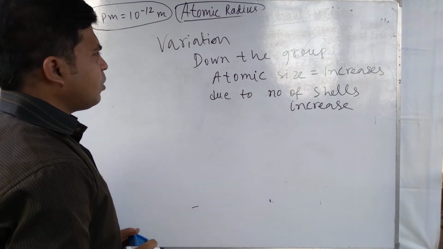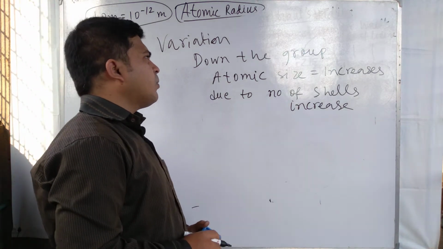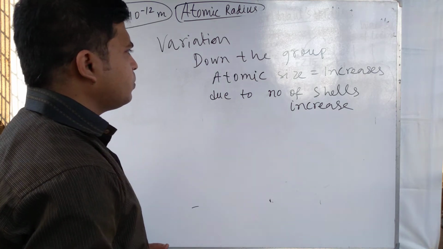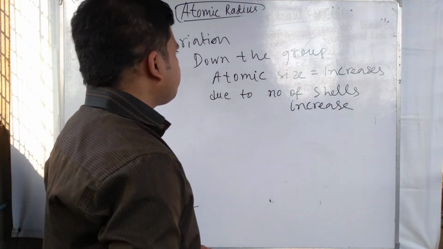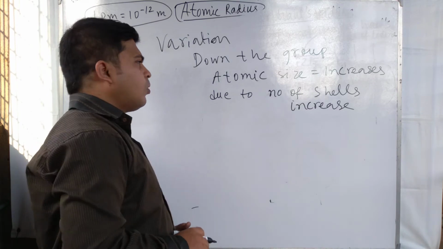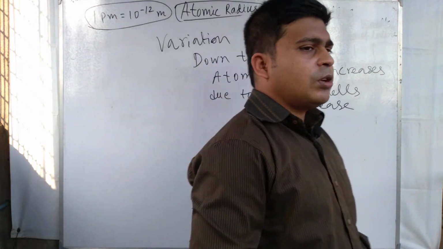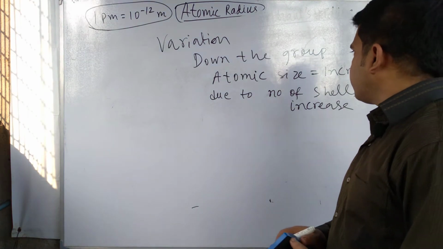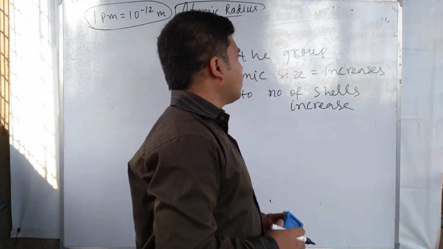Down the group, the number of shells gets increased, and for this reason atomic size increases down the group. The more addition of shells occurs down the group, so for this reason atomic size increases down the group.